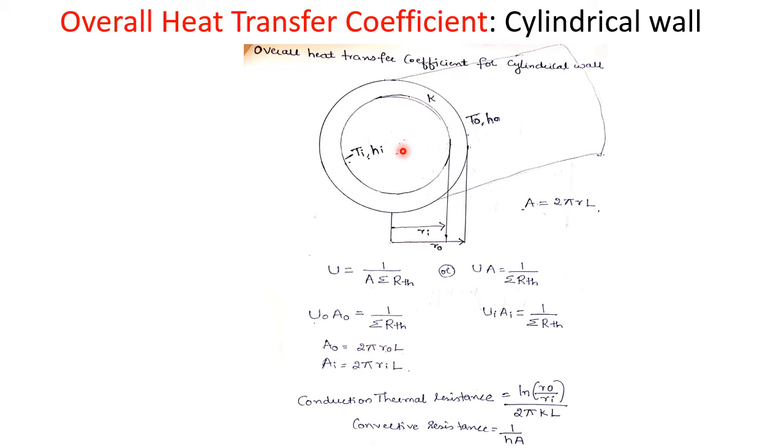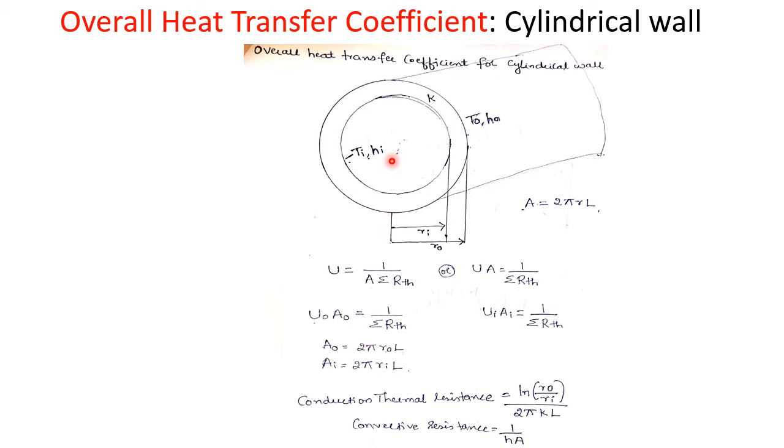So here heat transfer occurs from the hot fluid, which is maintained at temperature Ti, to the inner surface of the cylinder by convection with convective heat transfer coefficient Hi.